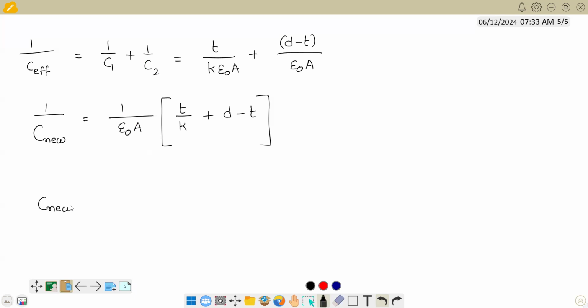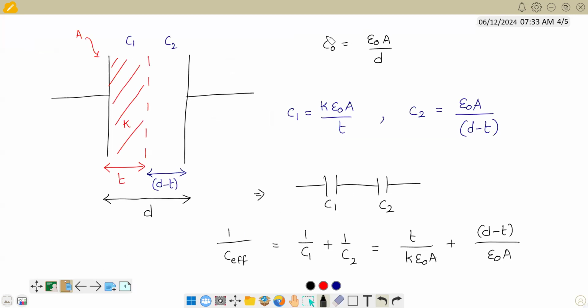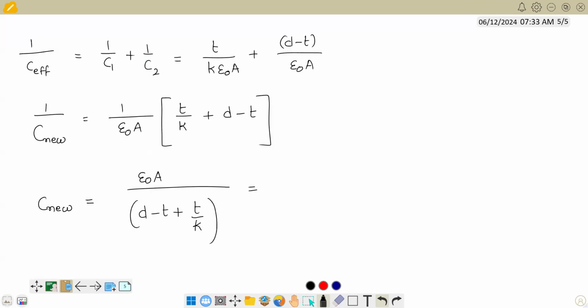Simply C new would be epsilon naught A divided by d minus t plus t by K. And what is this epsilon naught A? If you compare with the original one, we get epsilon naught A equals C naught into d. So we can write this as C naught into d by d minus t plus t by K. It is better for you to remember this formula rather than deriving it every time.